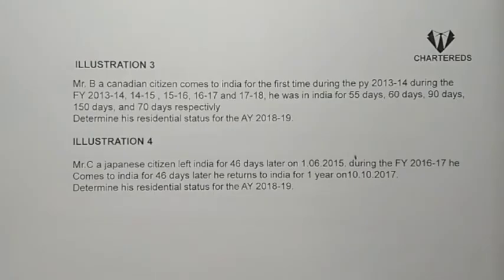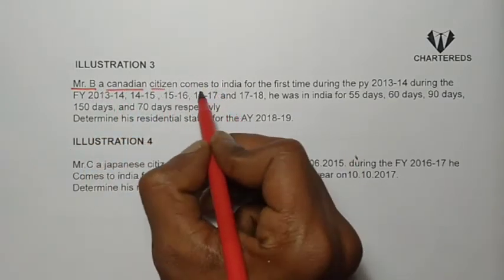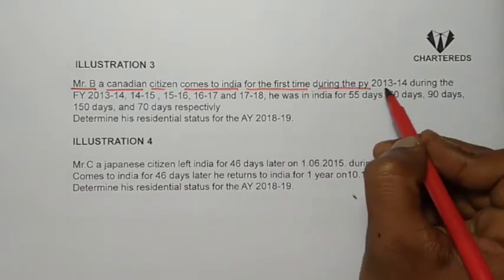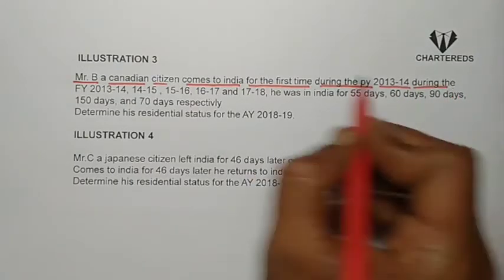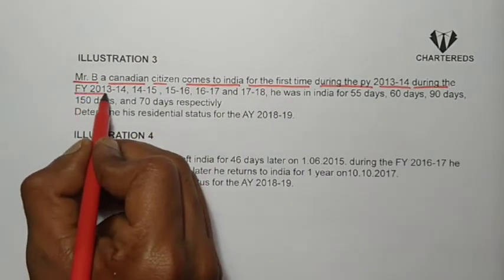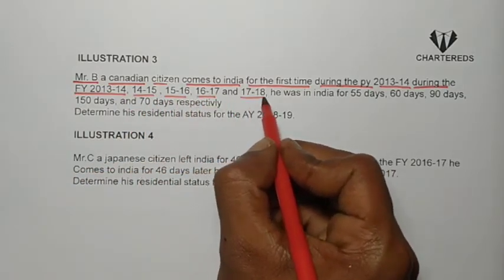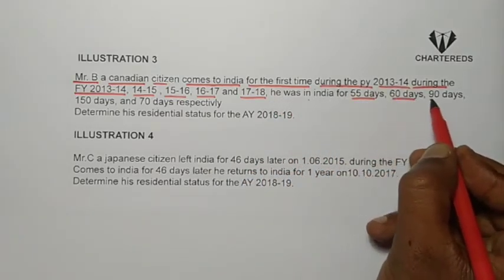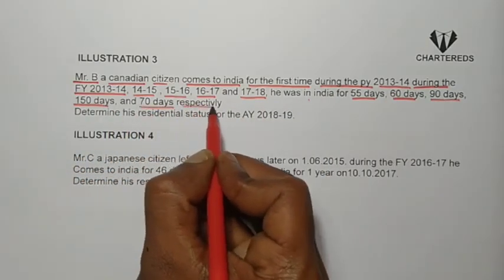Let us see the third question. Mr. B, a Canadian citizen, comes to India for the first time during the previous year 2013-14. During the financial years 2013-14, 14-15, 15-16, 16-17 and 17-18, he was in India for 55 days, 60 days, 90 days, 150 days and 70 days respectively.